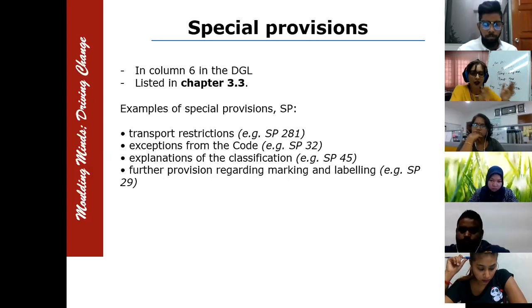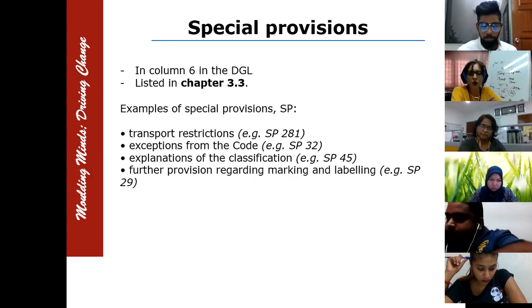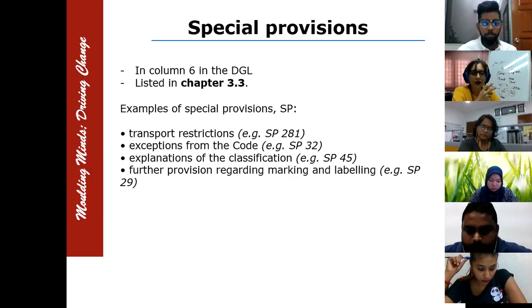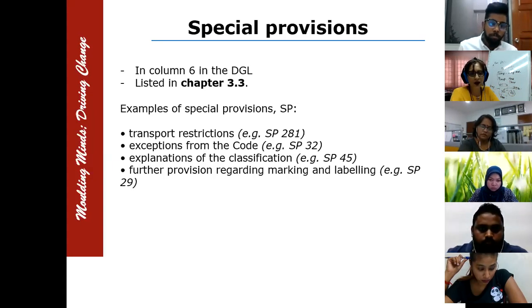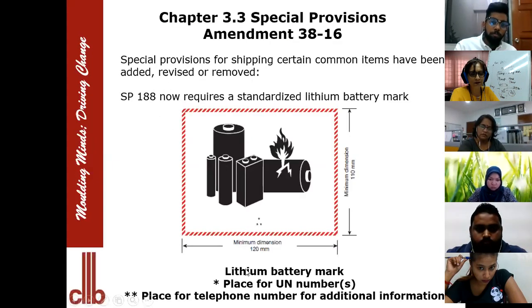Otherwise you wouldn't know which label, because for lithium batteries they gave us 2 labels, so you need to know which label to use when, right? So special provisions are very important, all right? And I cannot emphasize that enough to you. See, this is the lithium battery SP, special provision.